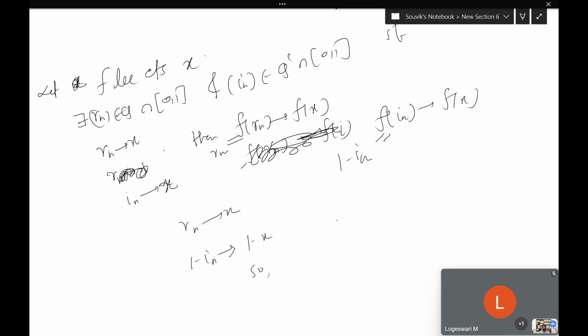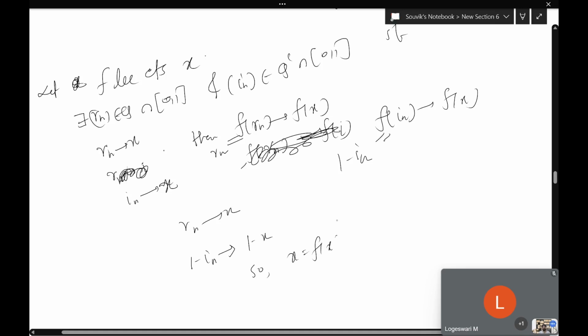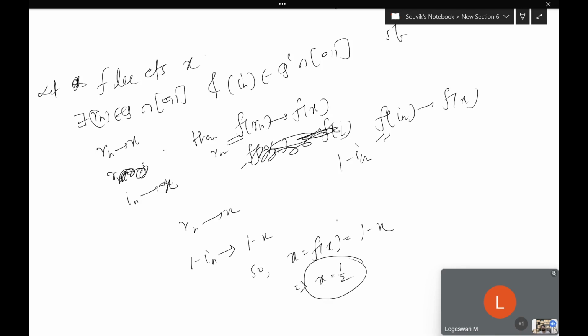By uniqueness of limits, x equals f of x equals 1 minus x. This implies x equals half. So if we assume f is continuous at x, this directly tells us x equals half.